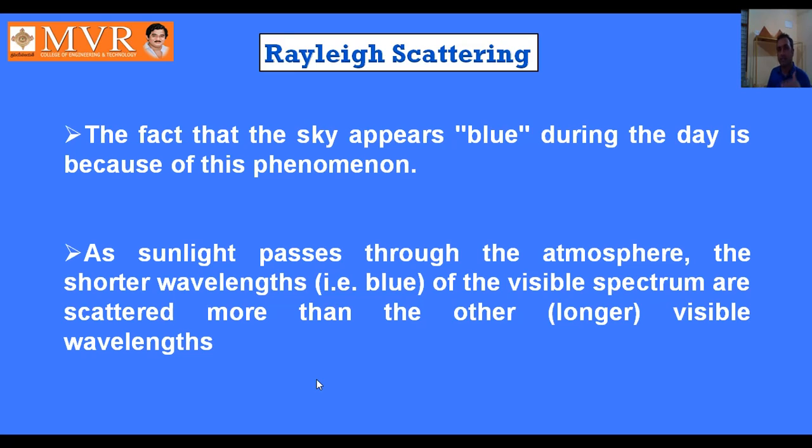Because shorter wavelengths are scattered more. As sunlight passes through the atmosphere, the shorter wavelengths of the visible spectrum are scattered more than the other visible wavelengths. Here the short wavelength is blue; I will show you in the next slide.